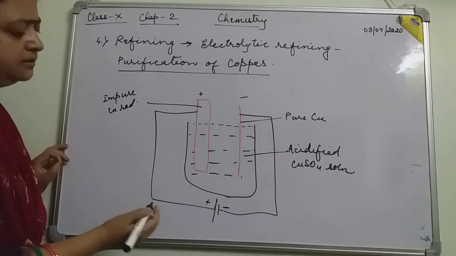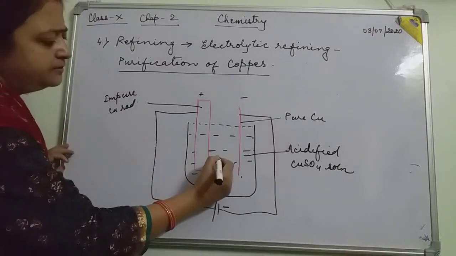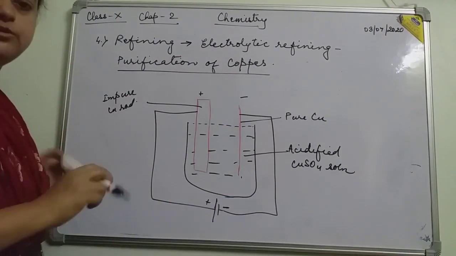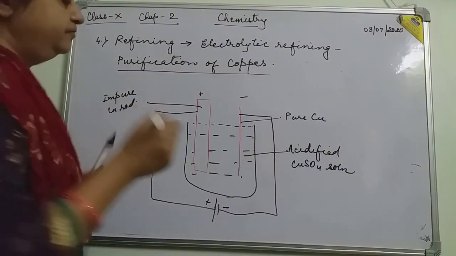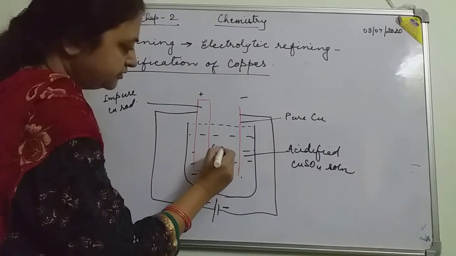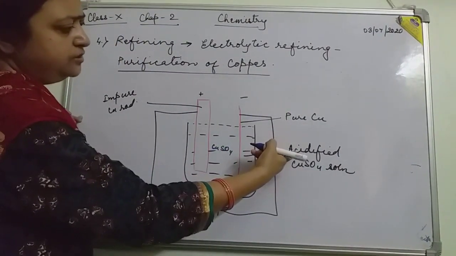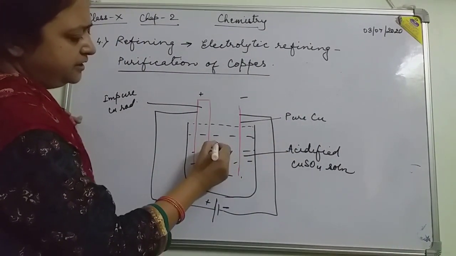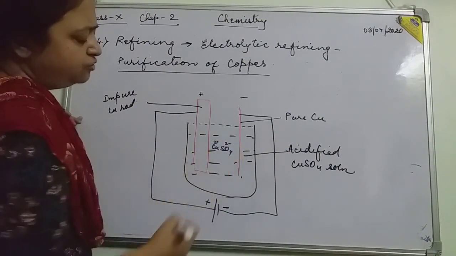So when the electricity is passed, the copper sulfate solution, due to this acidified copper sulfate, becomes Cu2+ and SO4 2-.